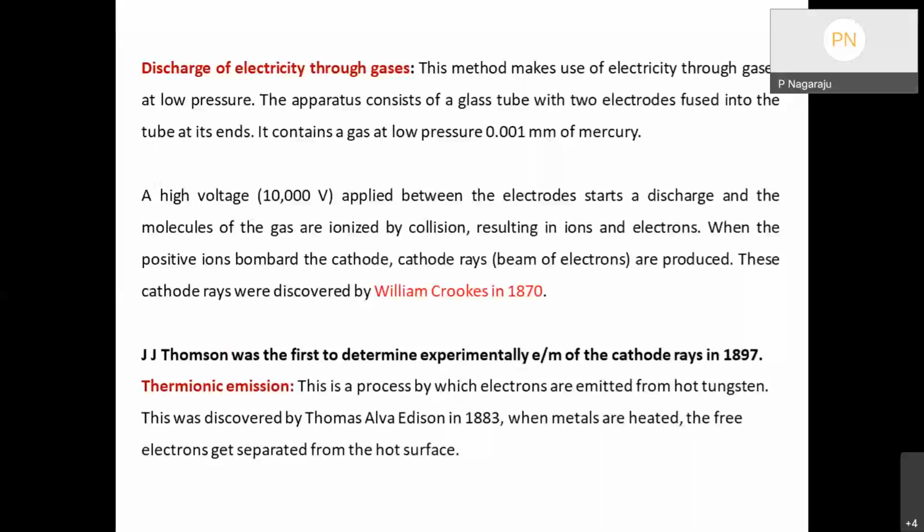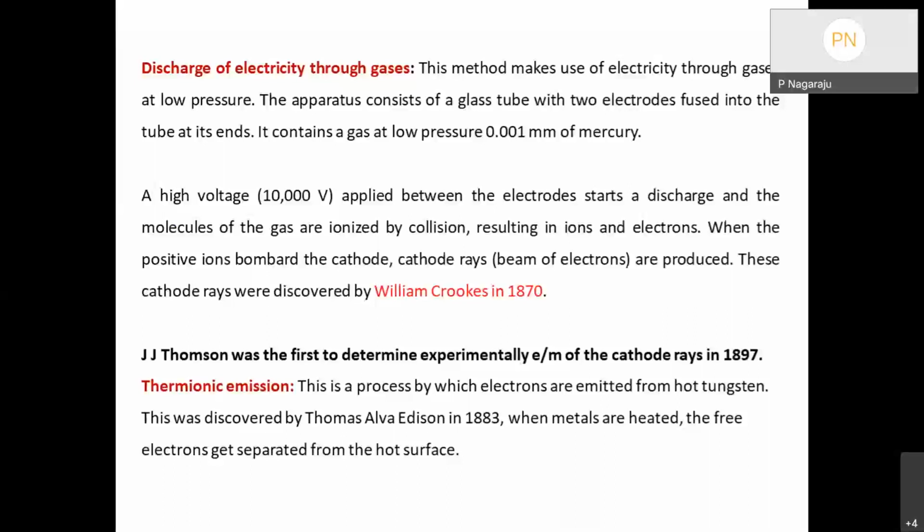Under the electron emission, first one, let us think of discharge of electricity through gases. This method makes use of electricity through gases at low pressure. The apparatus consists of, I have not shown the apparatus here, but of course, you are able to follow what that apparatus is. The apparatus consists of a glass tube with two electrodes fused into the tube at its ends.